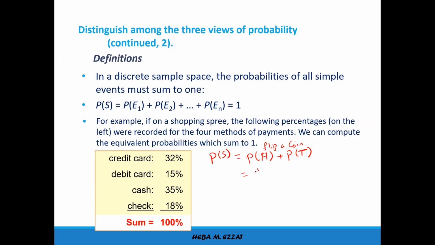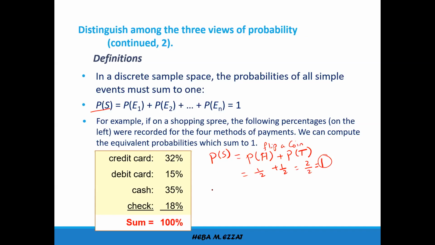So it equals half plus half, equals 2 divided by 2, or equals 1. Why is it 1? Because it's logical that we have a coin that holds only 2 faces. It's either the tail or the head. What's the probability that I will get head or tail, the whole sample space? It's 1. There is no probability of getting something else.